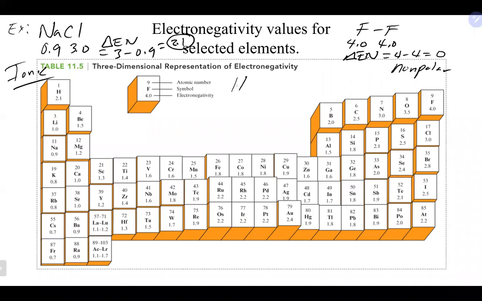If we do our HF, which we looked up there, that's a 2.1, that's a 4, that's a lot of math there, but that is like 4 minus 2.1. I can go with a 1.9 difference there. 1.9 is above 0.4, below 2, which means this is polar. And there are degrees of unequal sharing.